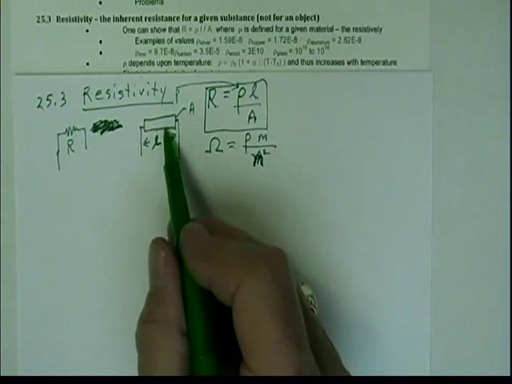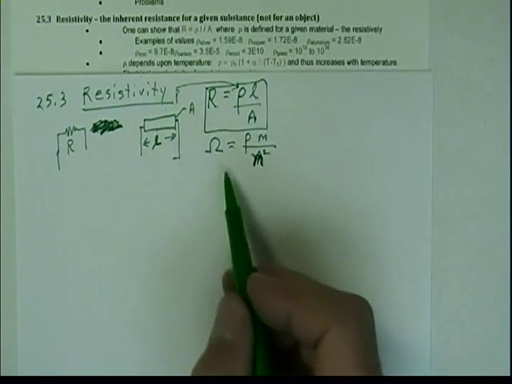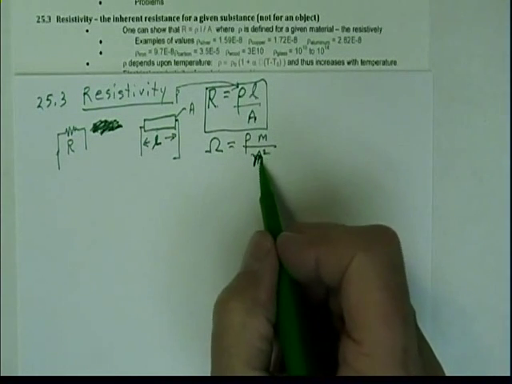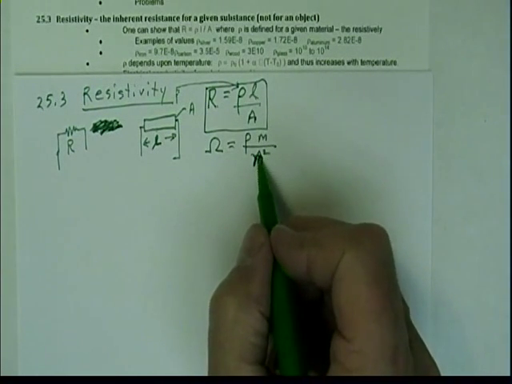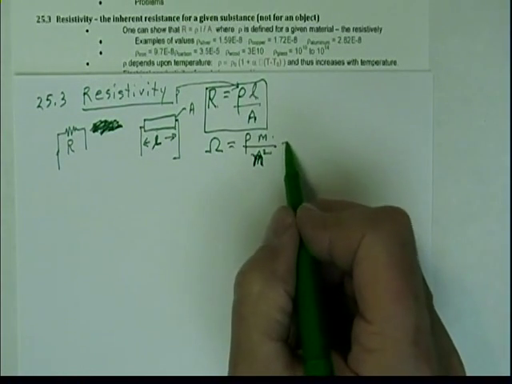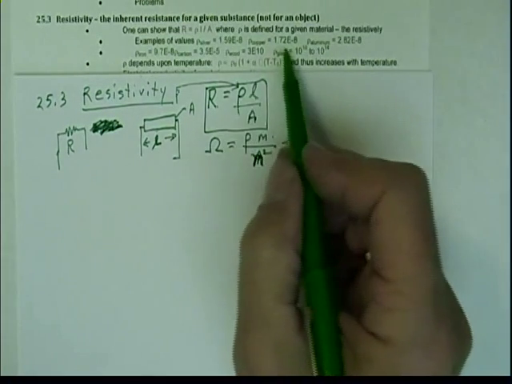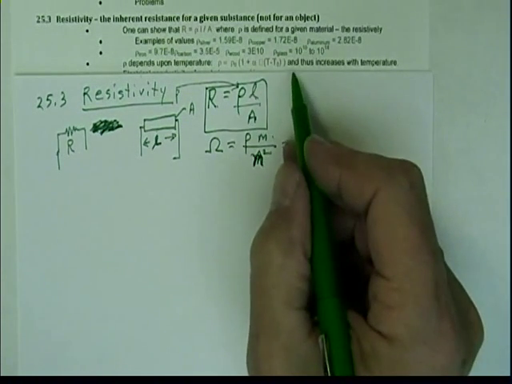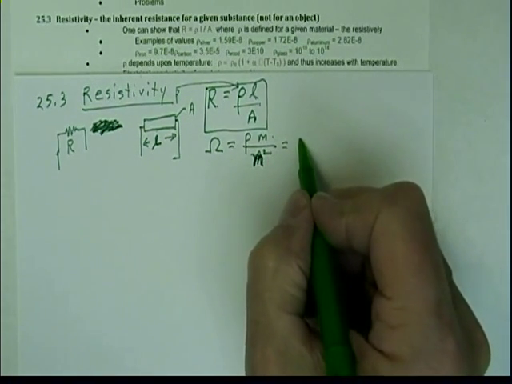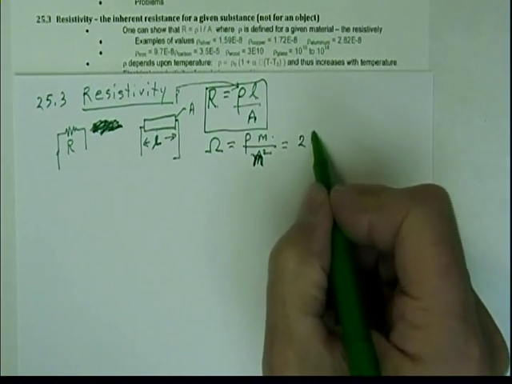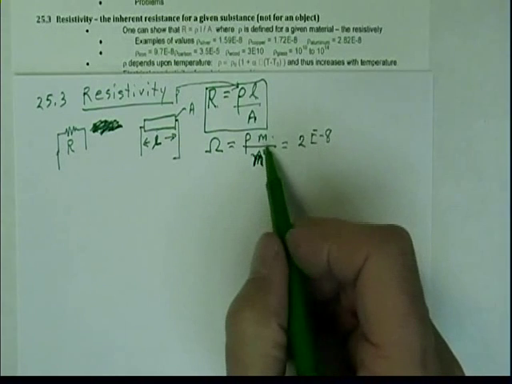So if I give you the length and I give you the area, then we can compute what this would be. For example, if I had 1/10 of a square meter, and it was 100 meters long, and it was made out of, let's say, copper, then we'd find the resistance for this object would be, let's round this off, 1.72, I'll just round it off to 2e to the minus 8.